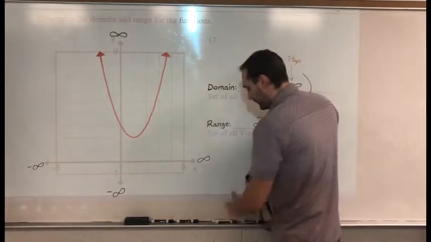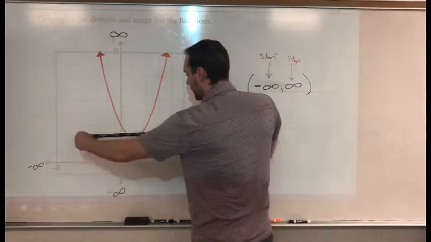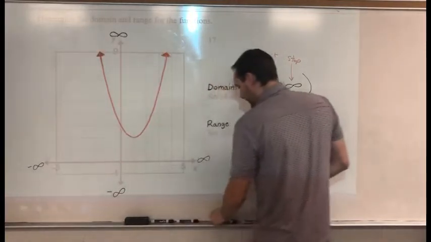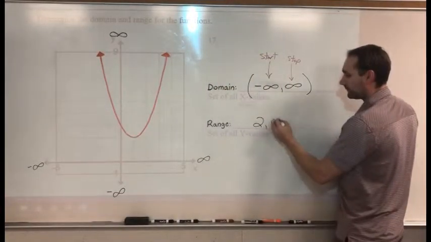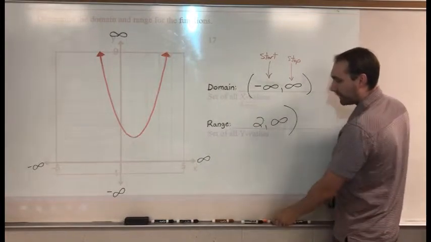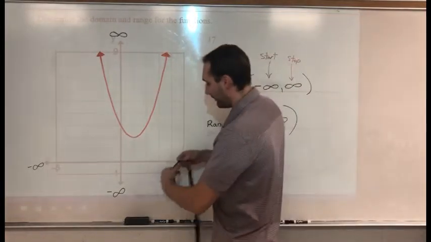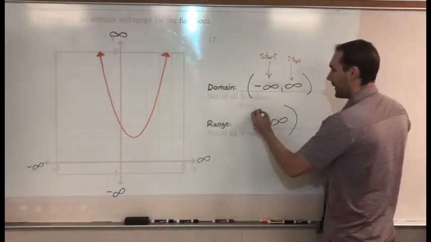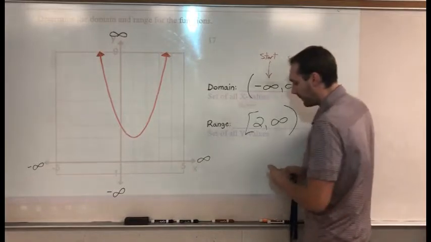And where is it going? Where does it stop? Well, I'll see here my graph isn't going to ever stop, so it's going to go all the way to +infinity. Again, parentheses with infinity, and I figure out, does my graph actually have a value of 2? And it does. So I'm going to use brackets here to represent my range.